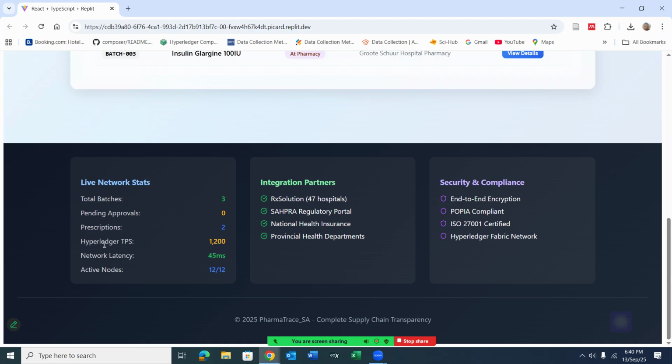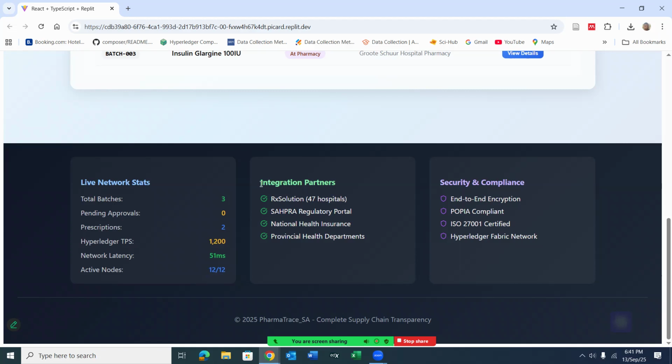And then it also shows us that this Hyperledger has a throughput of 1,200 transactions per second, meaning that at a given time, it can process 1,200 transactions. Then the network latency is all about the speed of our blockchain system.